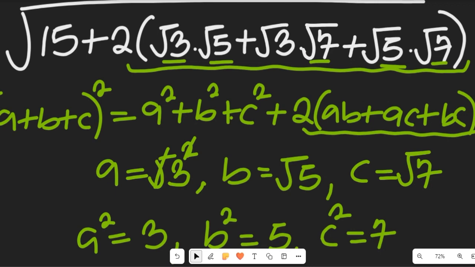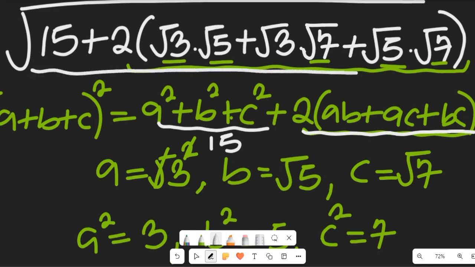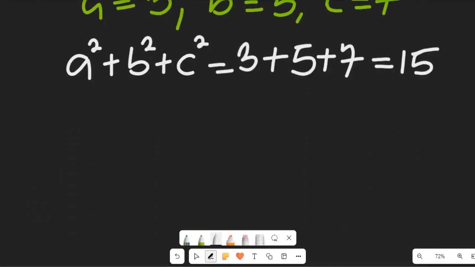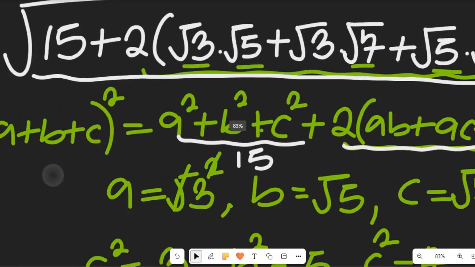That means this whole expression can be equivalent to (a plus b plus c) all squared, because (a plus b plus c) all squared gives us this whole expression.